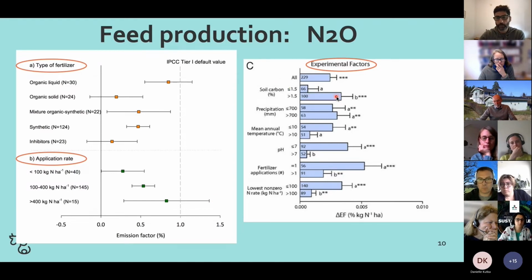The greater the carbon content, the greater the emissions of nitrous oxide. Temperature and pH, which is an important attribute of the soil, can greatly influence the activity of these bacteria and therefore change the amount of nitrous oxide that is produced.